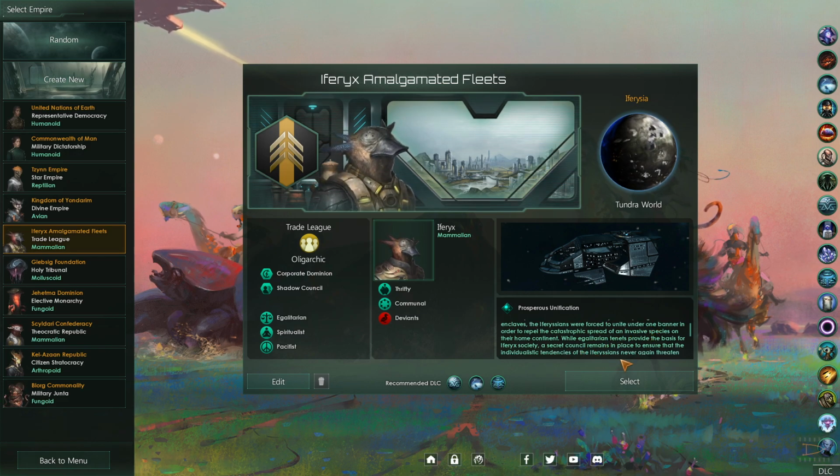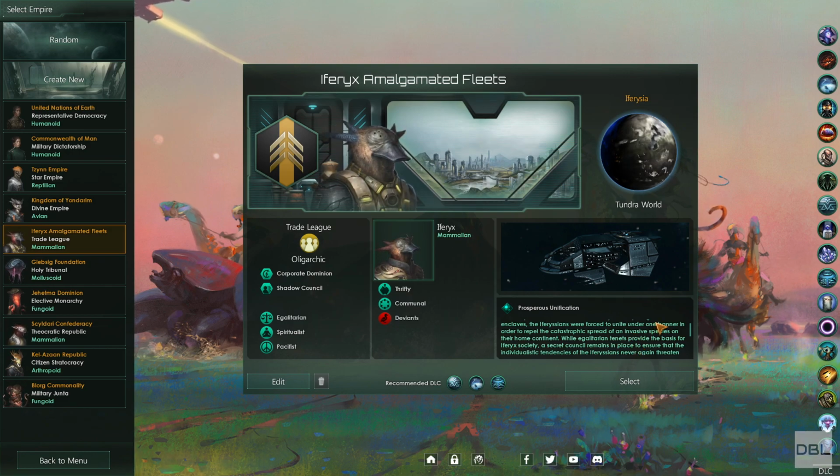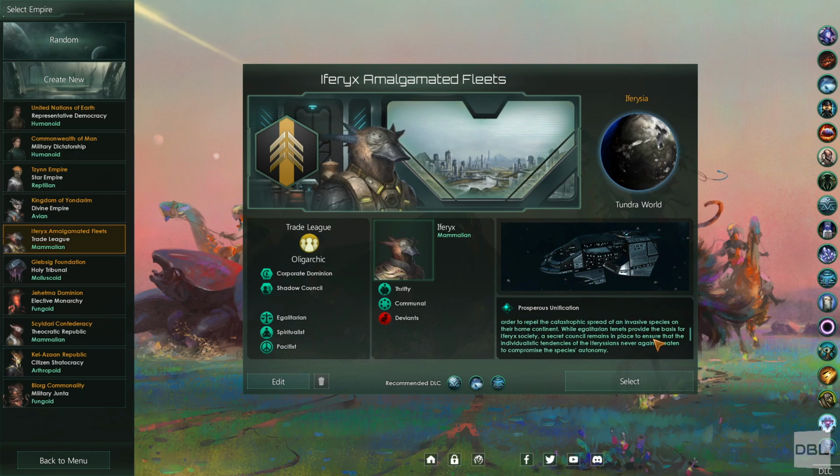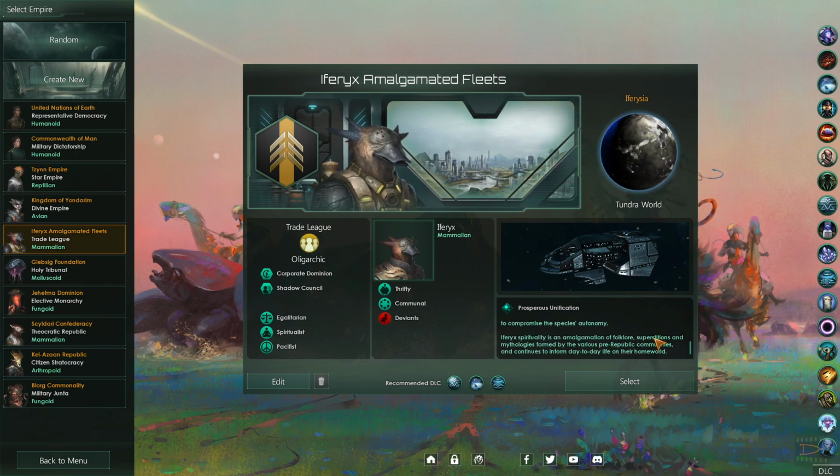A secret council remains in place to ensure that the individualistic tendencies of the Epharisians never again threaten to compromise the species' autonomy. Etheric spirituality. My mouth is drying out even to say these big adult words.